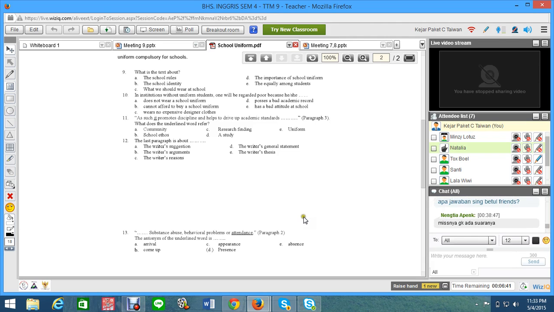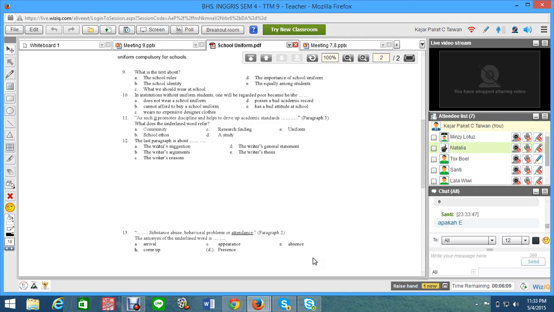Kalau katanya I will attend the party, berarti attend itu menghadiri, right? Okay. Jadi kalau ini attendance, ini kata bendanya. Kalau kata kerjanya attend, menghadiri. Berarti di sini attendance adalah kehadiran. Berarti lawan kata kehadiran itu apa? The antonym of the underlined word is antonym. So antonym dari kata yang digaris bawahi adalah absence.